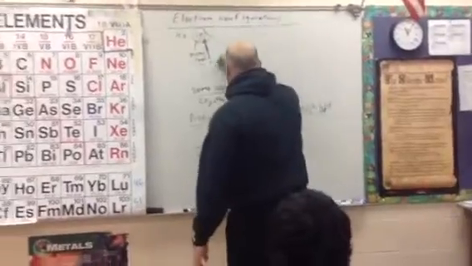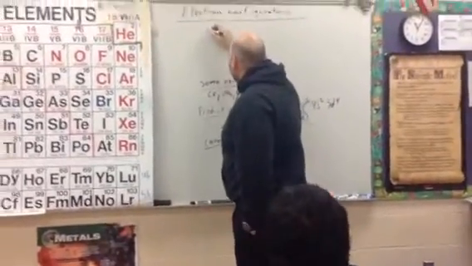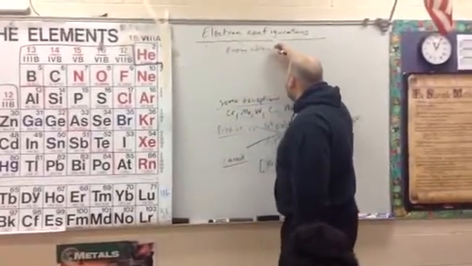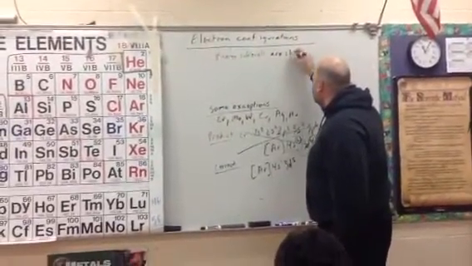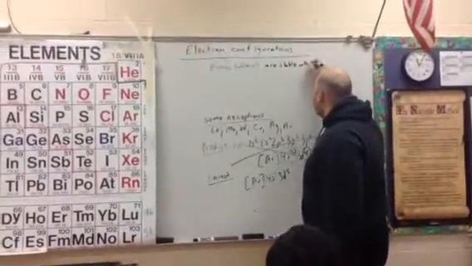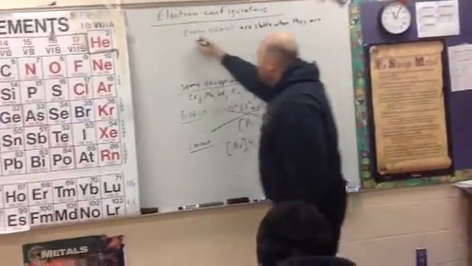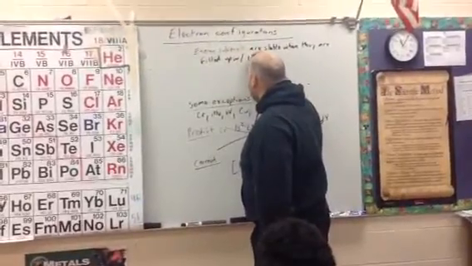And we really need to give our next rule, and that is this. Energy sublevels, and we're going to want to write this in our notes, are stable when they are filled up with electrons.